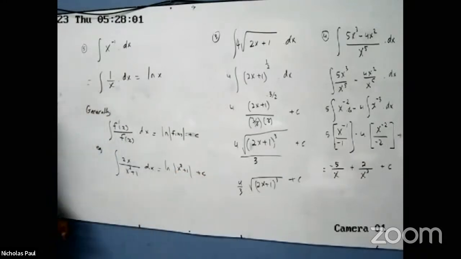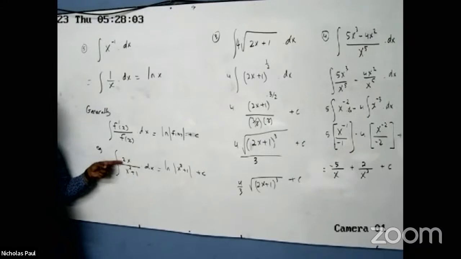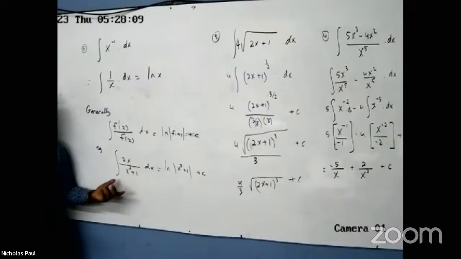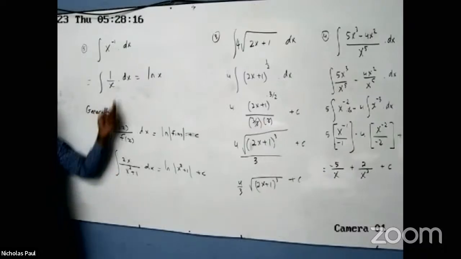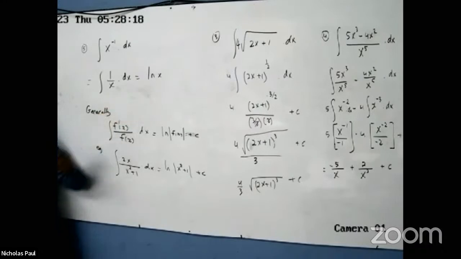So once the numerator is the differential of the denominator, you use ln. Technically, it's not in the syllabus because it's unit 2. But if you look at plenty of the differential equations, you have to know this in order to integrate them.